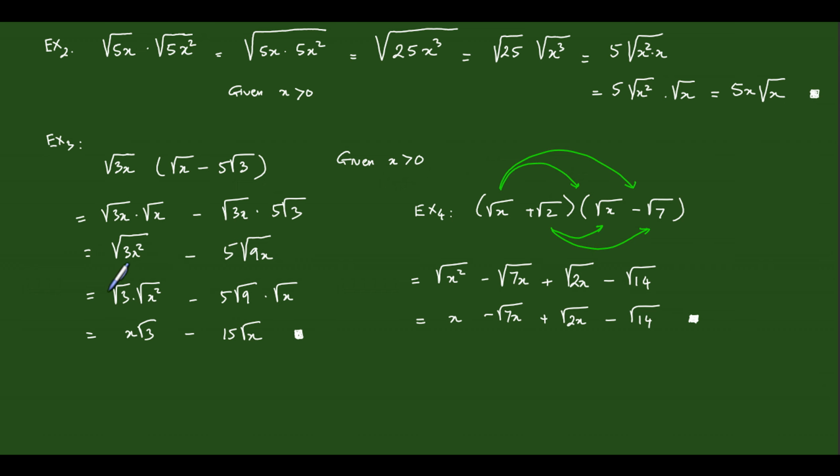So that is how you multiply radicals. Now, how about doing division? So on the second part, radical division.